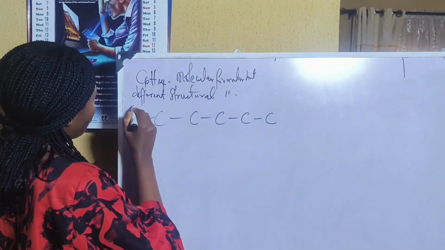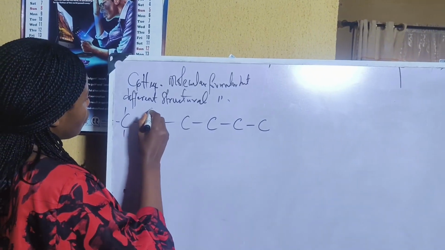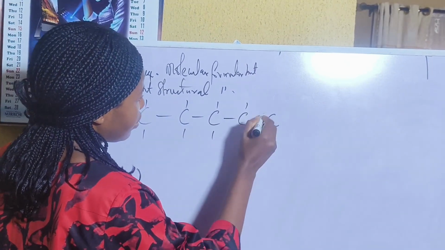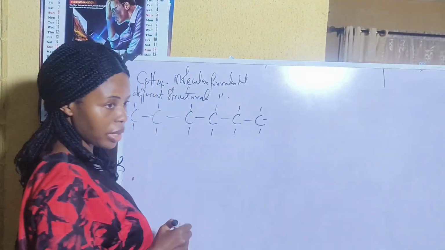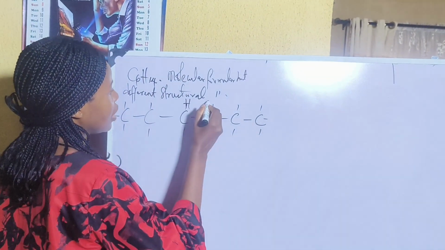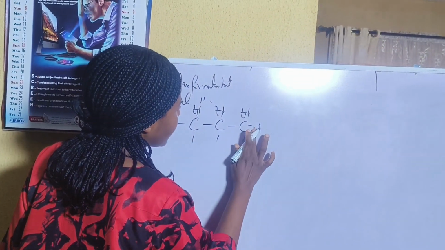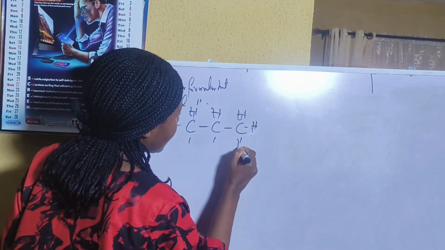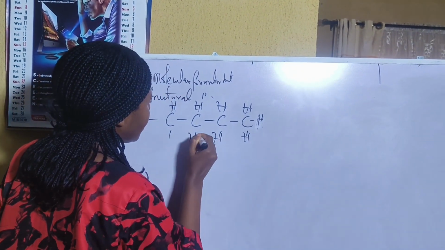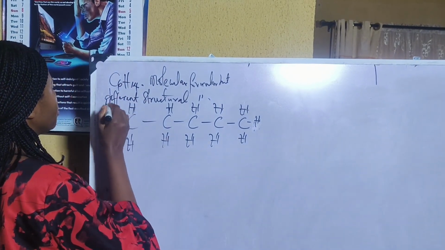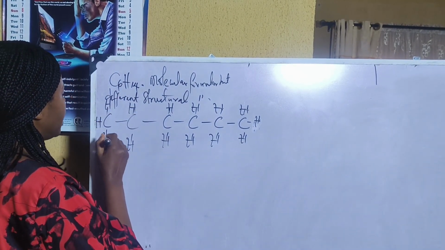So we go 1 to 14. You can see that. So these are the structural formula. This is meant to be H, here H, and here H.